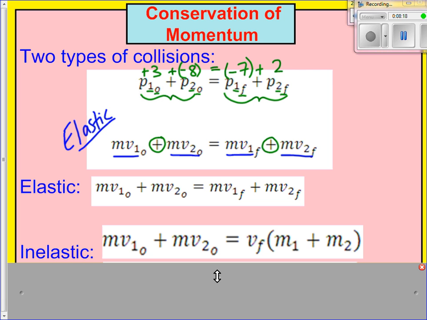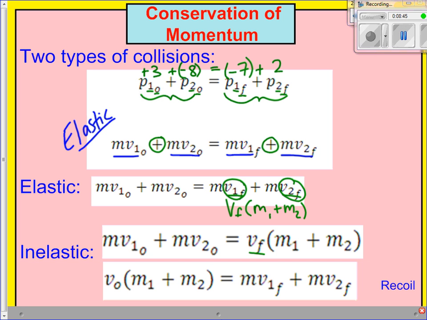So if we look at here, velocity of object 1 final plus velocity of object 2 final would actually be the same value. Why? Because they're stuck together. They have to be moving with the same speed. And so what we do is we factor this value out and we just call it VF. So if we factor VF out, we're just left with mass 1 plus mass 2 added together because the two objects would now be acting as one.